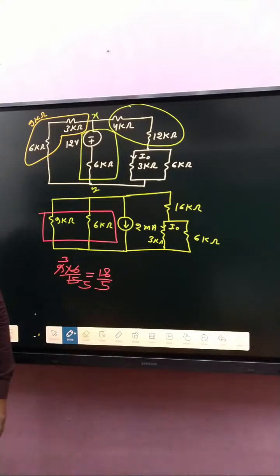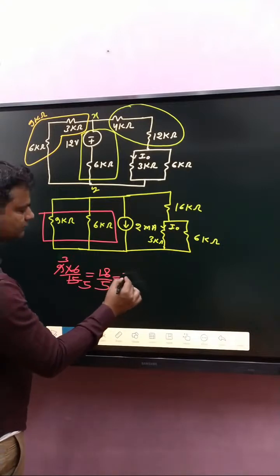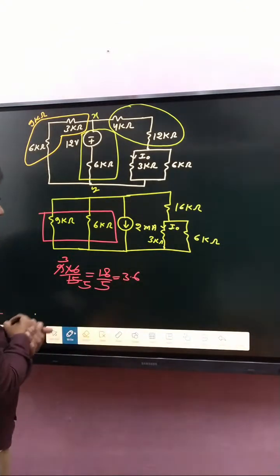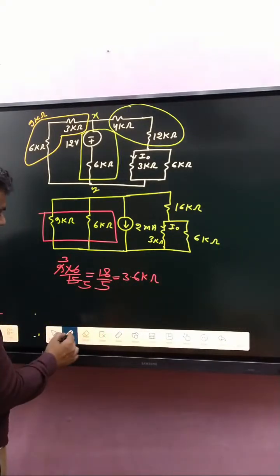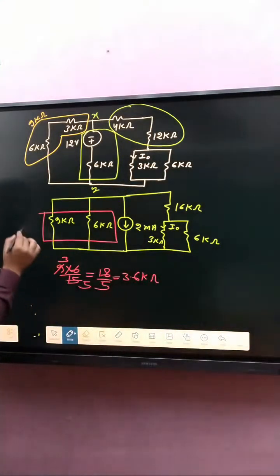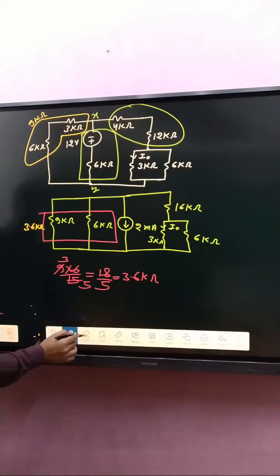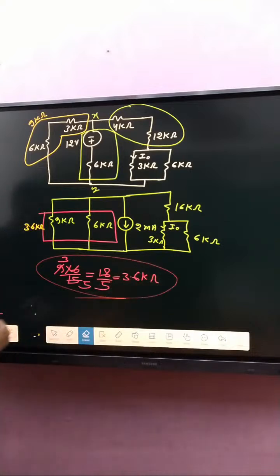That is 18 by 5. It means 3.6 kilo ohm. So the combination of these two, basically we got 3.6 kilo ohm. Okay, so that one is removed.